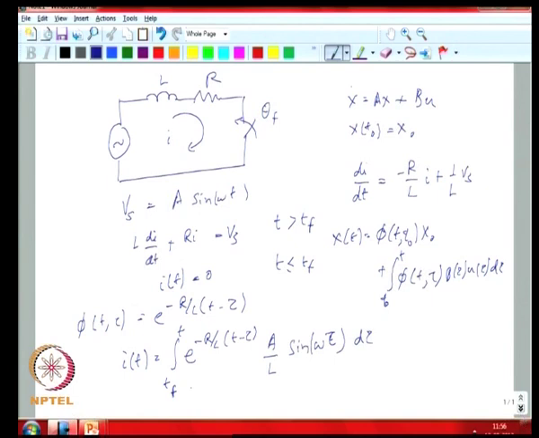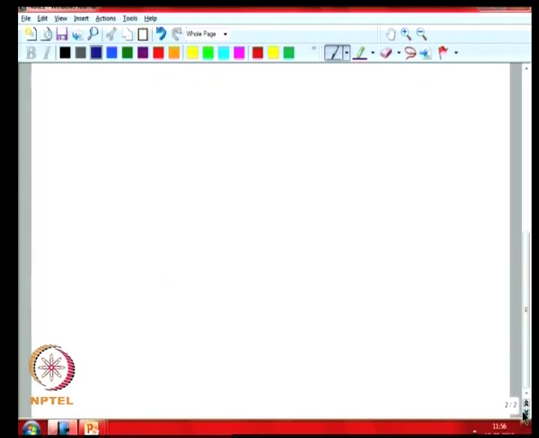So, you need to integrate an exponential with a sinusoid. So, we can use an expression for the integral of that form, e to the power of kt sine omega t dt is equal to e to the power of kt, k sine omega t minus omega cos omega t, by omega square plus k square.